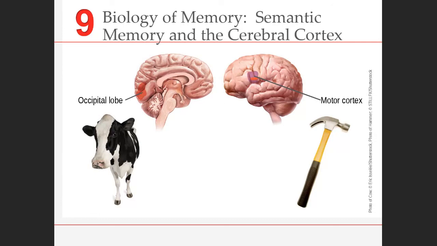So the occipital lobe is where we'll tend to store visual objects. The motor cortex is where we'll store information about how to use different things. So that's really kind of cool. I think that's pretty much it for that chapter.